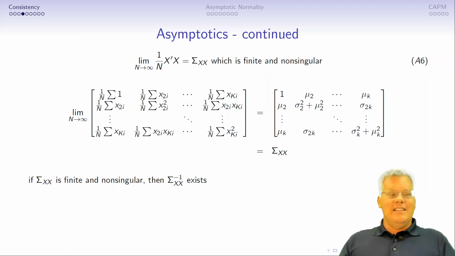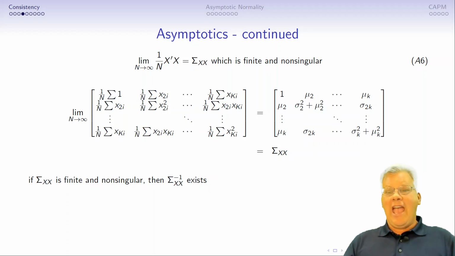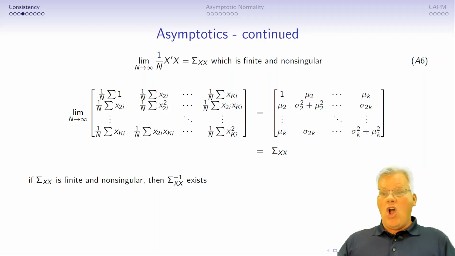The variance is the expectation of x minus its expected value squared. And if you manipulate that identity, you can easily show how the expectation of x squared is equal to the variance plus the mean squared. Okay, so that's how we get the diagonal elements, and then the off-diagonal elements represent, of course, covariances.